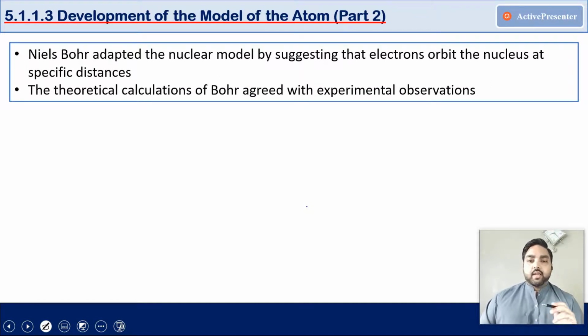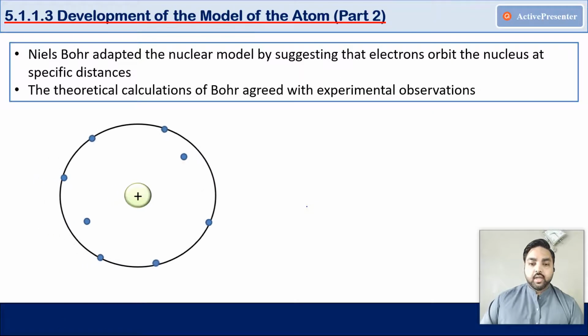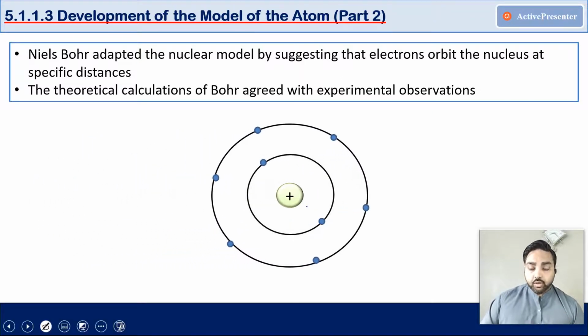Point being, Bohr worked out that electrons orbited at specific energies around the nucleus, and that meant we moved from a model where all the electrons just orbit around the outside to having specific shells around the atom. So Niels Bohr's experiments with hydrogen in particular led to this discovery.